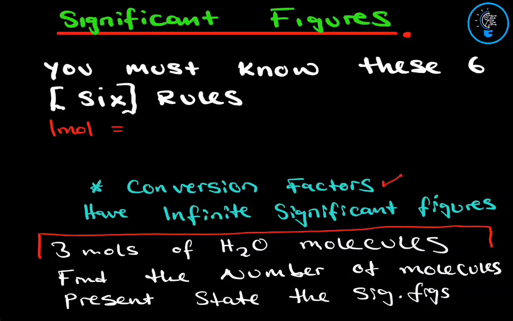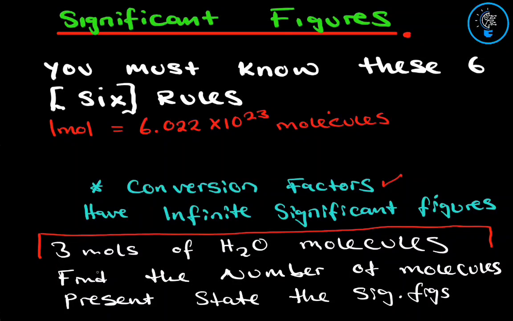A mole is just an equivalent of 6.022 times 10 to the power 23 particles. So in this case, we can say molecules, since we are dealing with molecules. So in one mole, we have that number of molecules present.